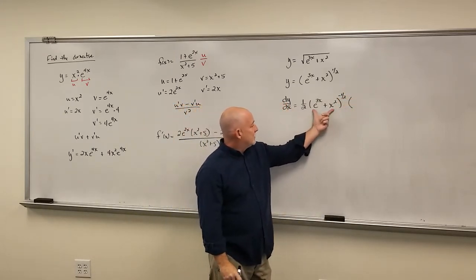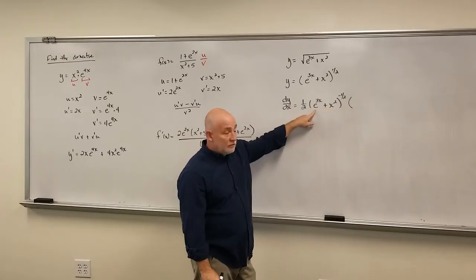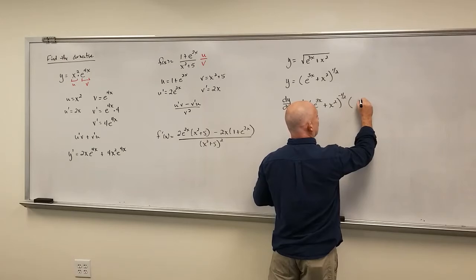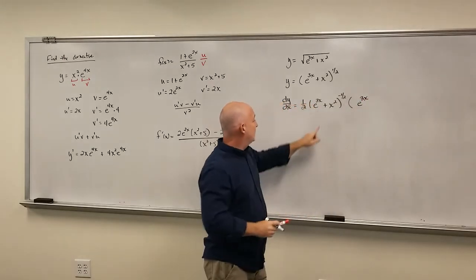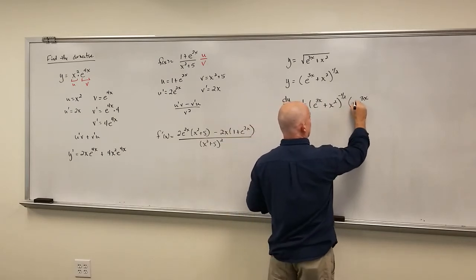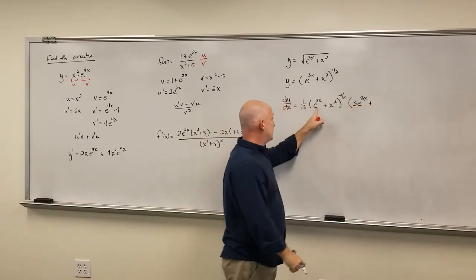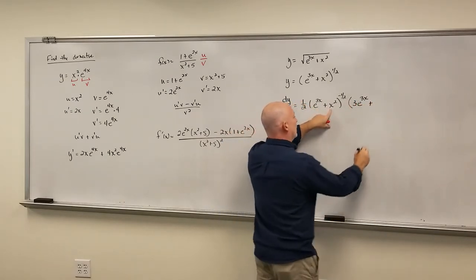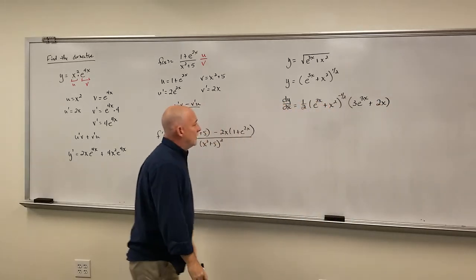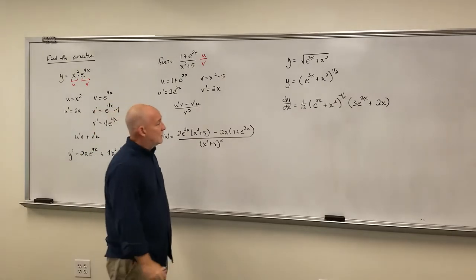So now I'm just looking at this piece right here. So derivative of e to the 3x, well, we know we're going to get an e to the 3x back, times the derivative of the exponent. The derivative of 3x is 3, and I'm going to write that out front, plus the derivative of x squared is 2x. All right, I am going to take one more step and clean this up.